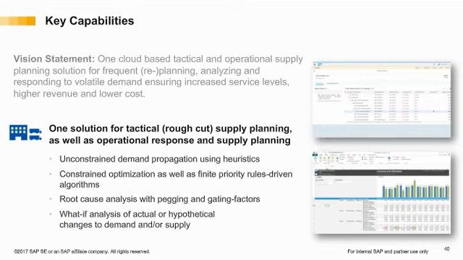For the order confirmation, priorities such as customer A has a higher priority than customer B are taken into account. Furthermore, the user can run a root cause analysis that shows limiting factors and dependencies. The what-if scenario planning can, like with other IBP solutions, be used to analyze actual or hypothetical changes in the demand supply.